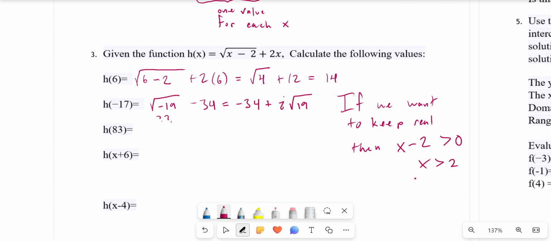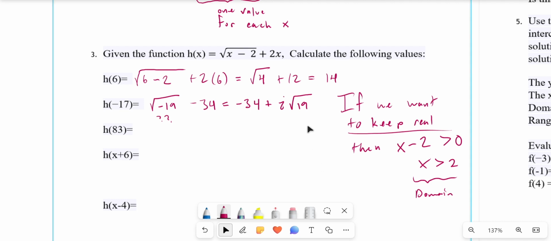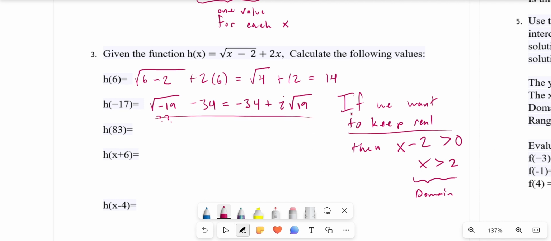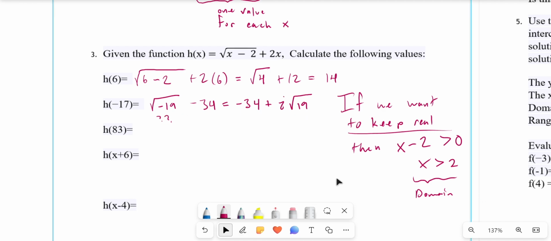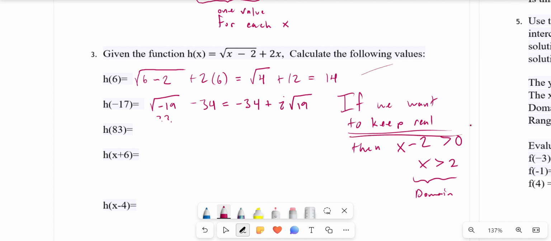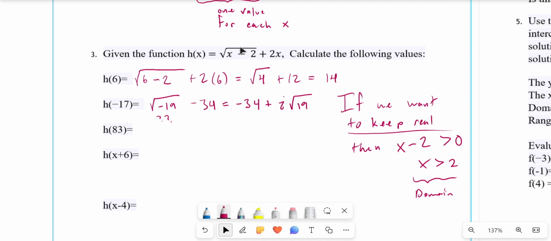So if we want a real valued function, then we have to restrict this to our domain. If we want a complex valued function, that's fine. Then any number could get square rooted. But if we specifically don't want that, if we only want to keep real values, then we have to control what values go into the argument of the radical. Right? They can't be negative into an even indexed radical or we get a complex number.